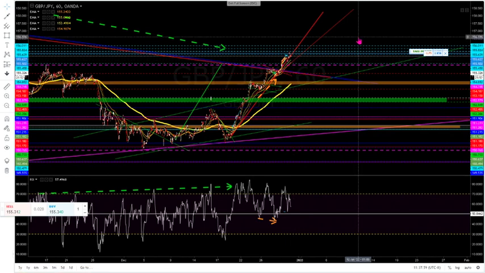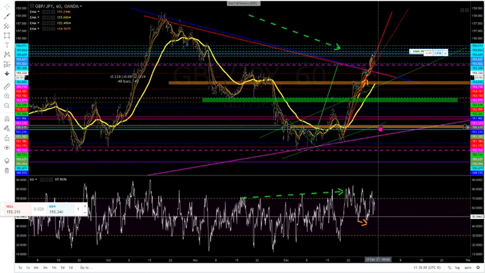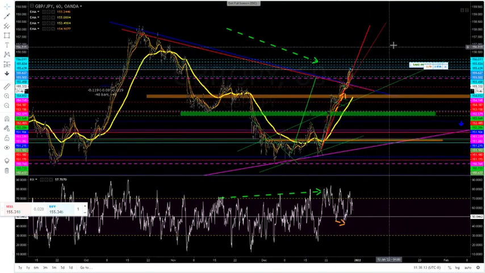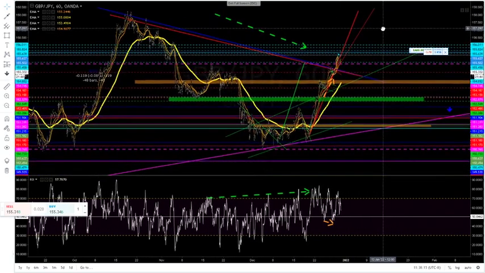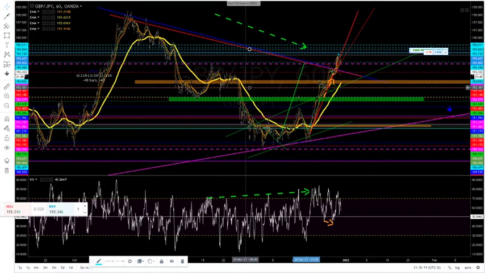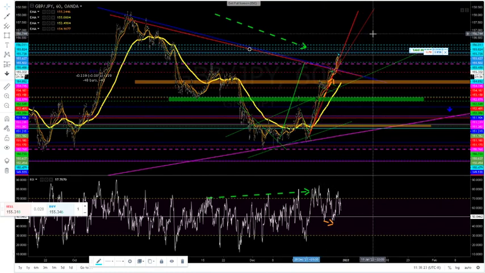This is a strong zone. That's why price pretty much hiked all the way up, because it had to push hard to get through this zone, because this is a monthly zone. You see, it was easing right here, just pushing on down like price normally does. But then when it tried to push up, it had to push pretty hard.